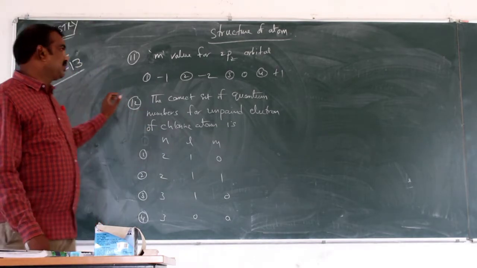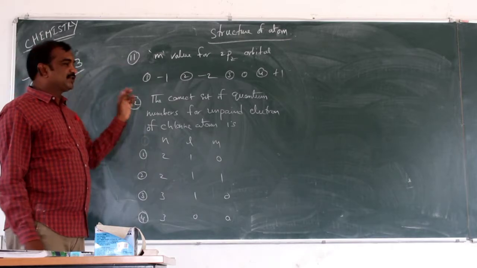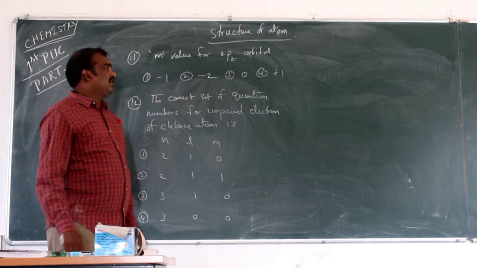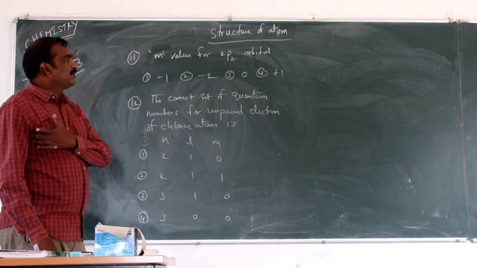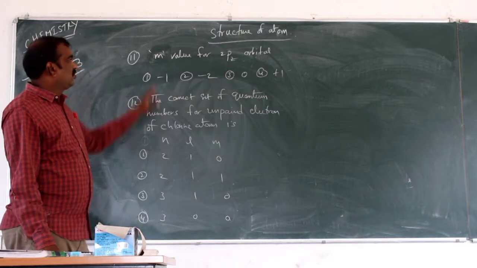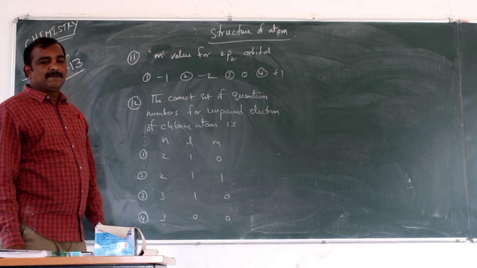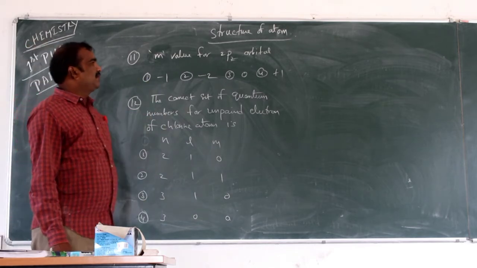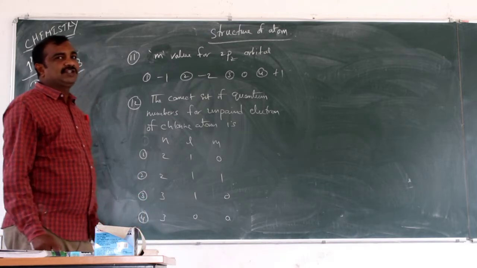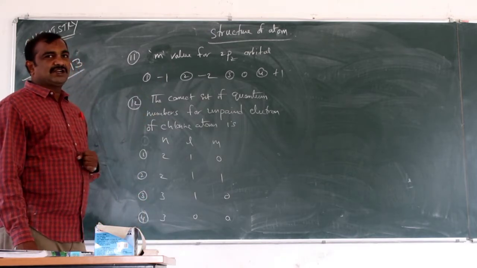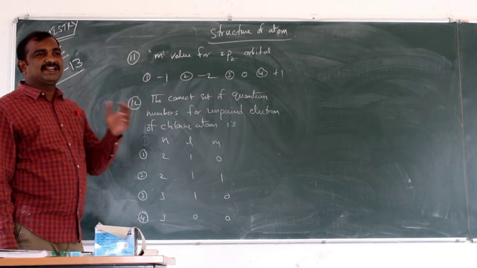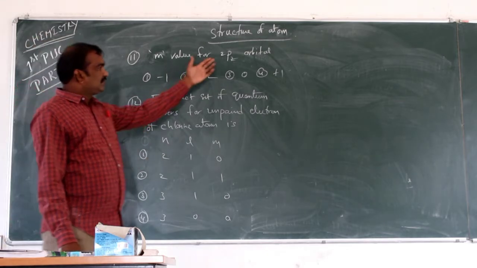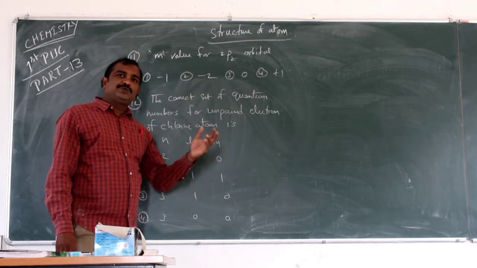Next, the 11th question. The m value for a 2pz orbital is... What is m? m means the magnetic quantum number. 2pz means it orients along the z-axis.